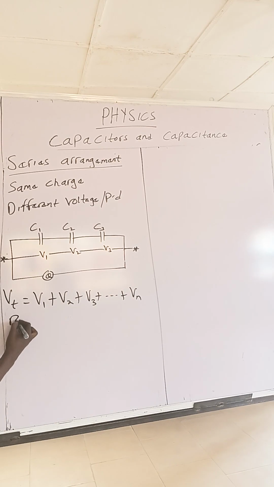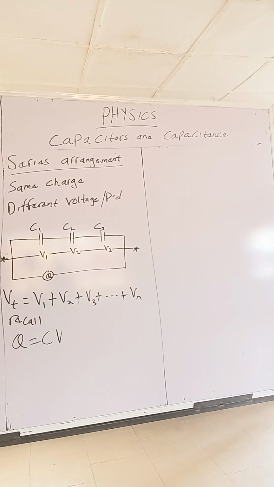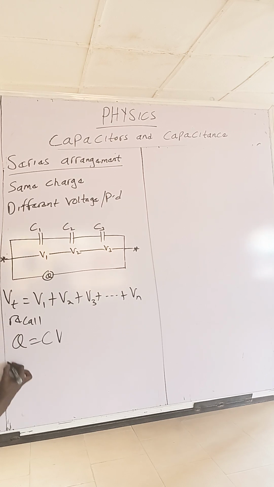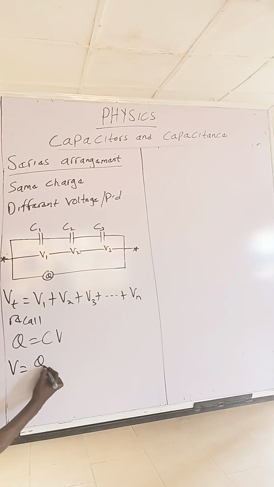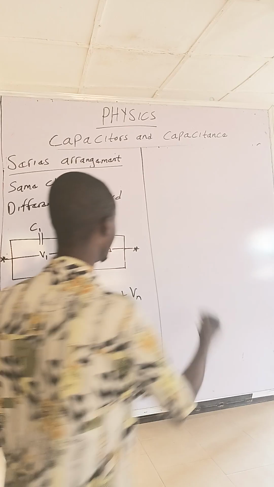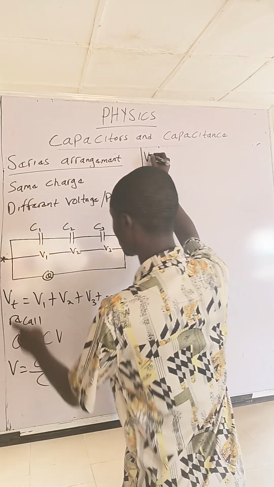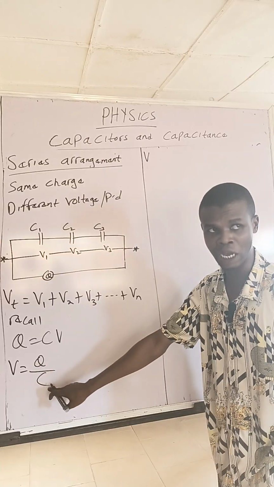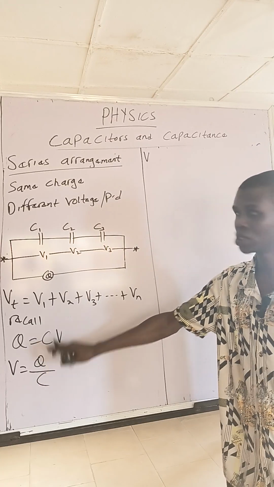Now we can recall that Q equals CV. We are trying to look for V, so make V the subject of the formula. Your V becomes Q over C when you divide both sides by C. So V equals Q over C. Then your V total will be Q over C total, since they have the same charge.